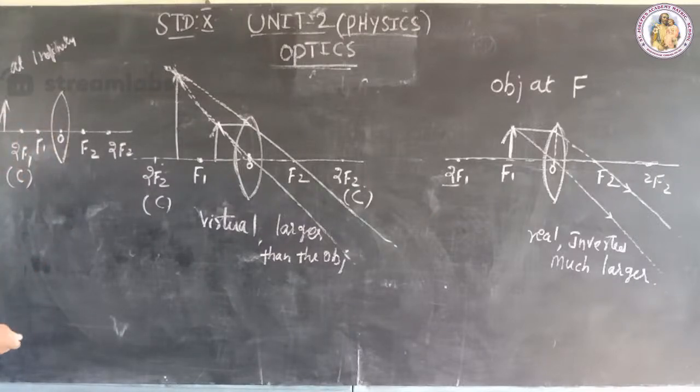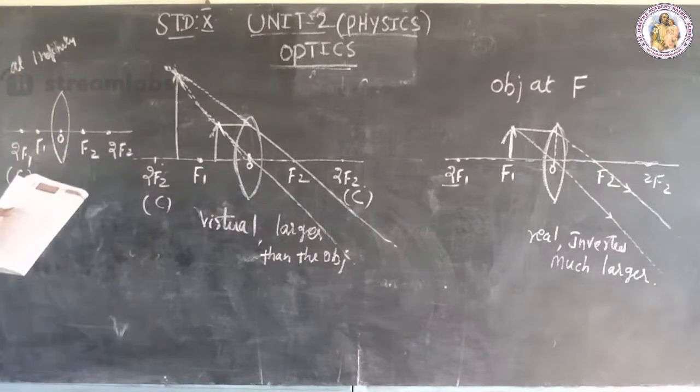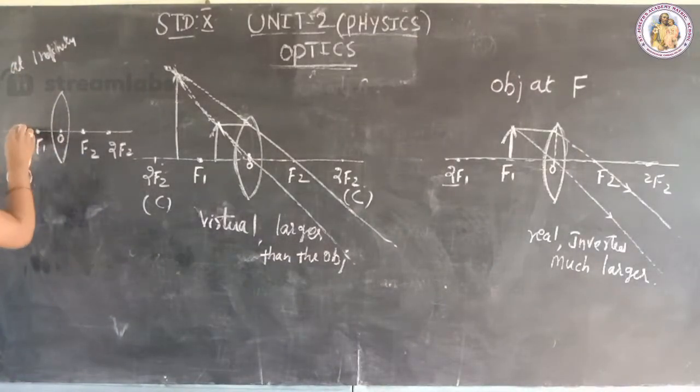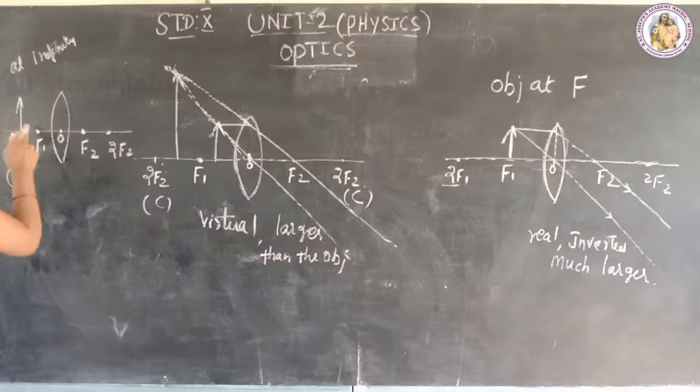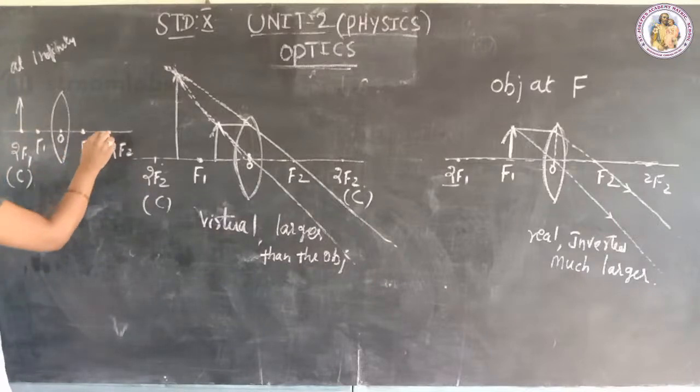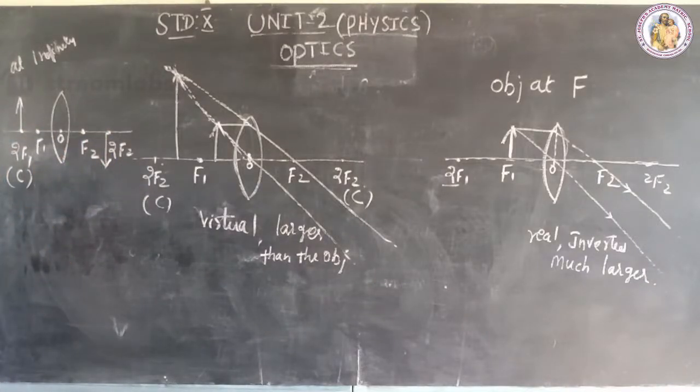And next case, what did we do? We kept the object at 2F. If we keep the object at 2F, the image will form at 2F itself, and the size of the image is the same.